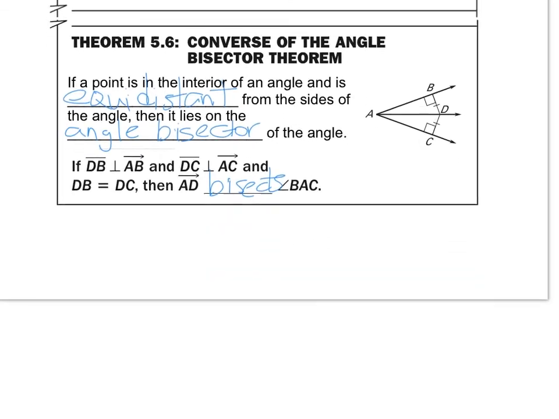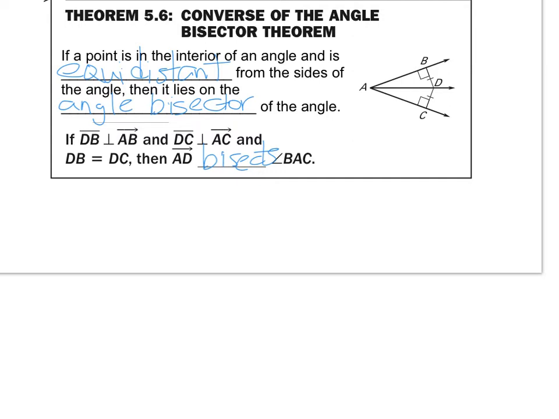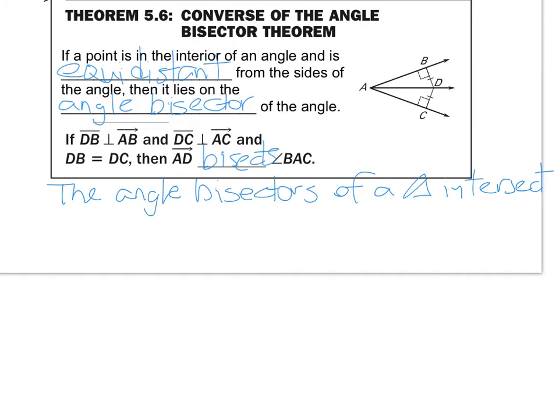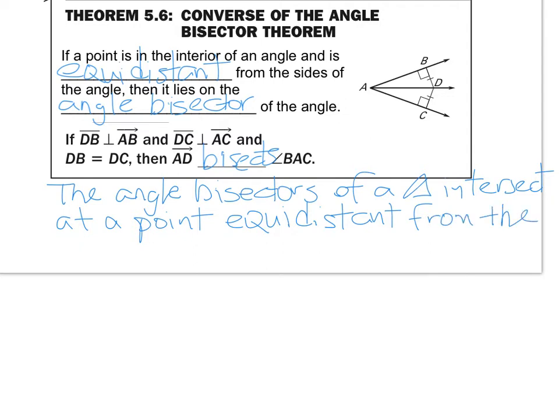We have one thing we need to add here at the bottom, another little vocabulary word. The angle bisectors of a triangle intersect at a point equidistant from the sides of the triangle.